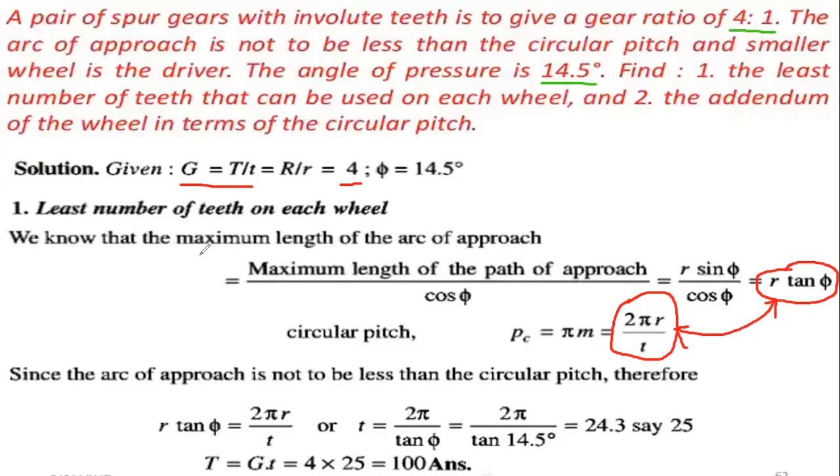So then we need to find the value for small t, that is the teeth, for the smaller gear. So small t is taken as 2 pi by tan phi, that is 2 pi by tan 14.5 degrees.